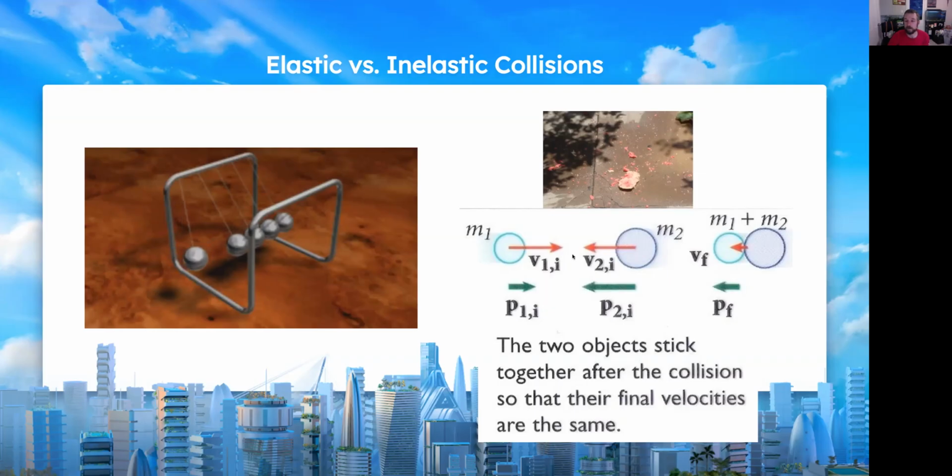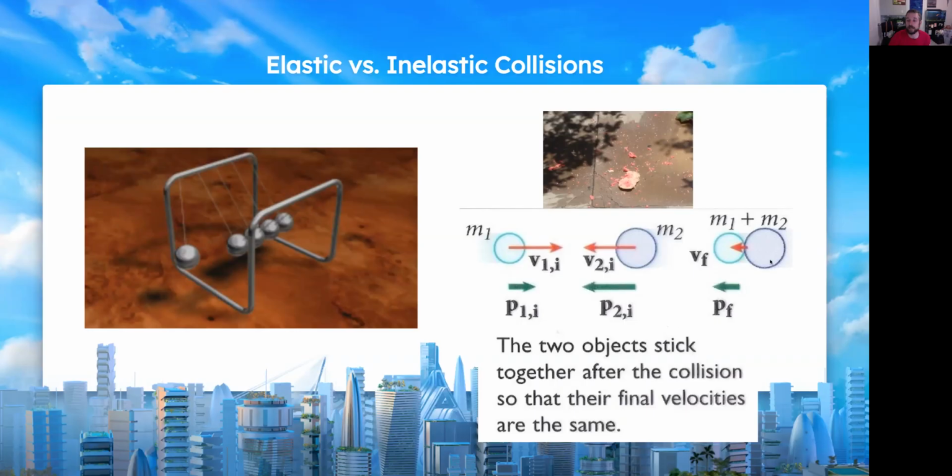And let's say player 2 is holding on to player 1 with everything they've got, so they move as one unit. They don't bounce off of each other. Well, they're going to move in whatever direction player 1 was moving in to begin with, because player 1 has more momentum, and so they'll move in this direction with 200 Newton seconds as one unit.